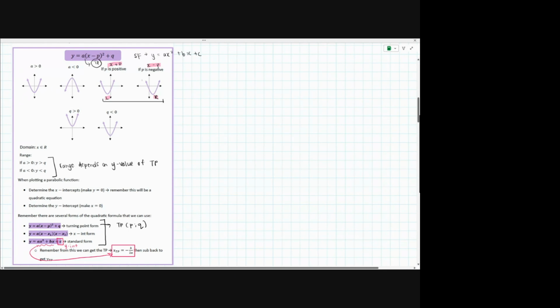This is a formula that you're not given. You need to remember it. You find the x coordinate of your turning point using minus b over 2a, and then you just substitute that back to get your y coordinate. That's a very useful little formula to remember, particularly when you've been given a parabola in standard form.